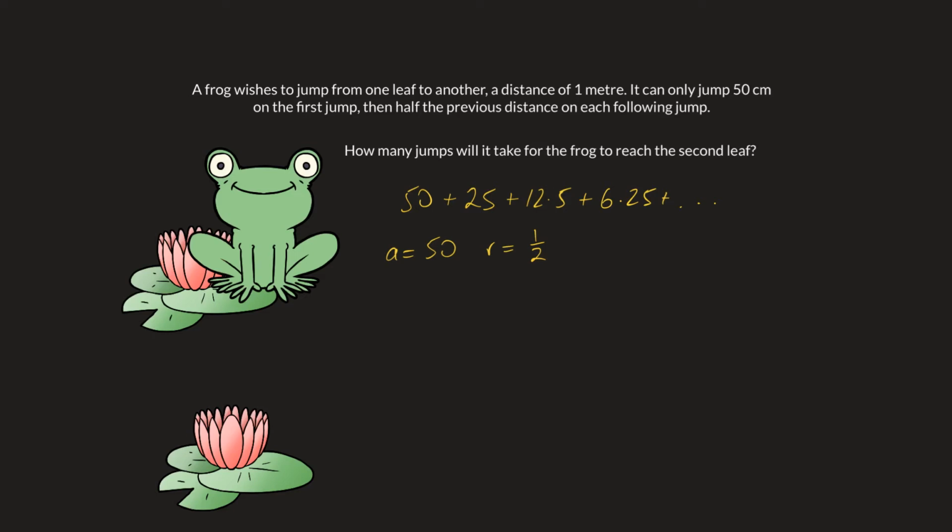So we're going to have a limit in sum with that, and the formula that we can use, sum to infinity, is A over 1 - R. So that's going to be 50 over 1 - 1/2, which is 50 divided by 0.5, which is going to equal 100, and that represents 100 centimeters. So that's saying the limiting sum of this series is 1 meter. It will get very, very close to the second leaf, but it will never actually get to 1 meter.